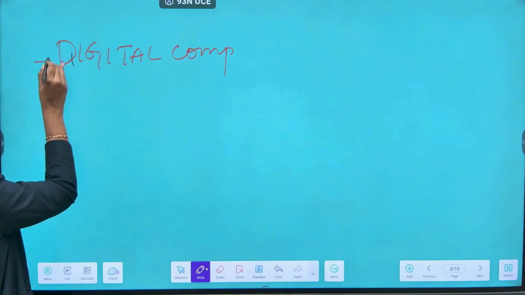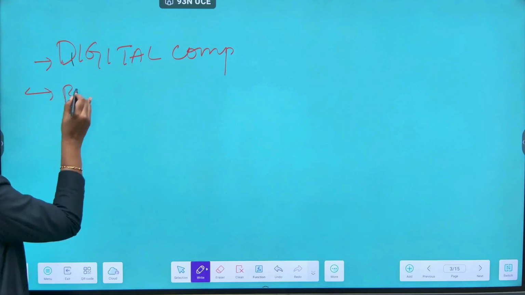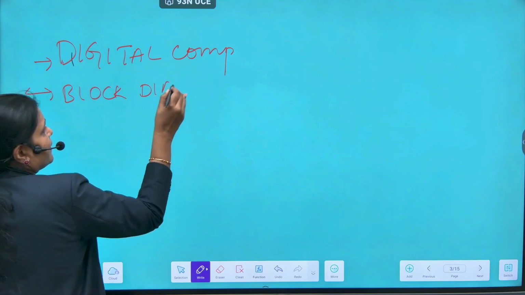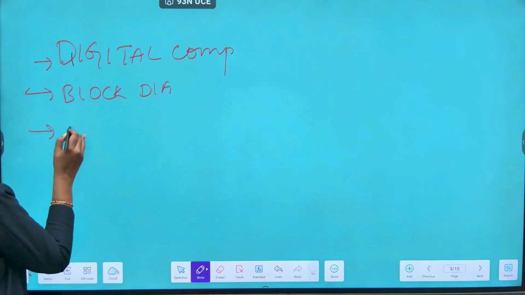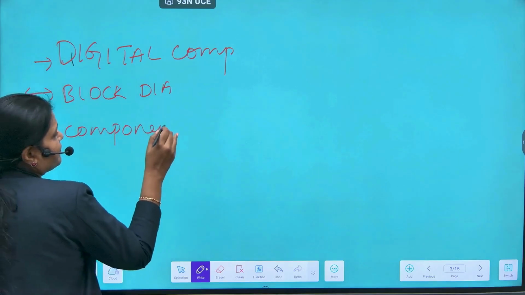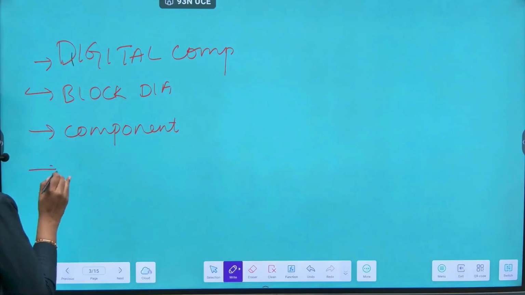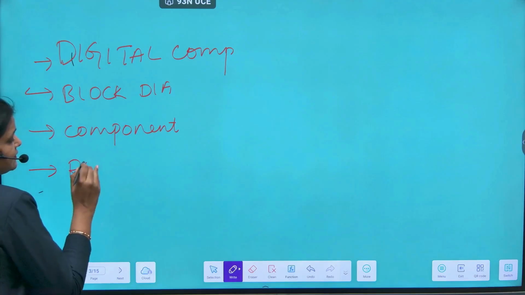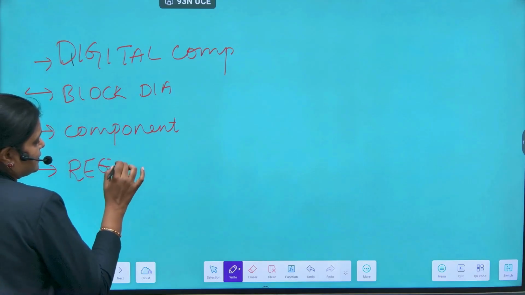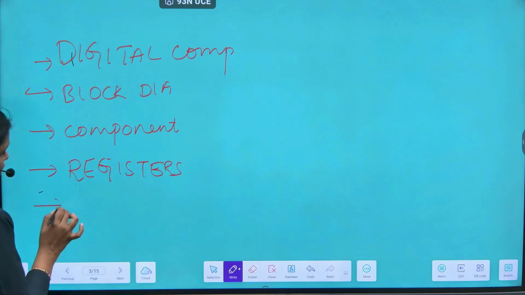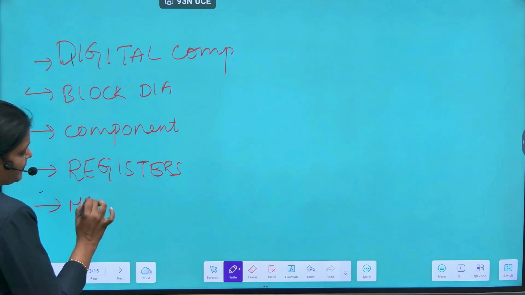Next, we spoke about the block diagram. And next, about each component in detail. We have spoken about registers, and we also spoke about memory.